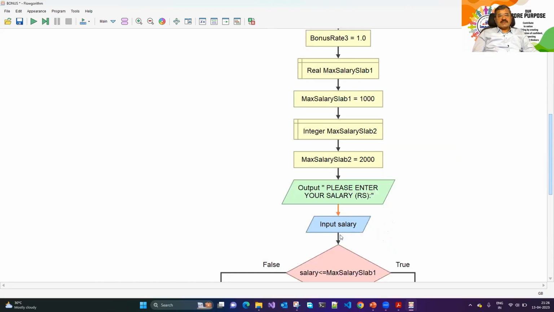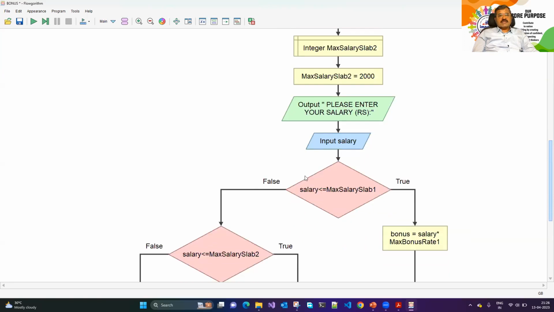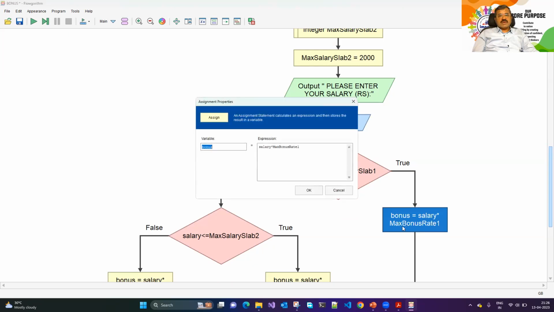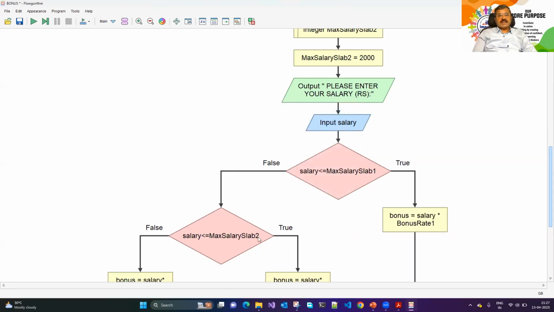Enter your salary in rupees, okay. Other salary is less than equal to max salary slab 1. If that is true, you calculate it at the rate 1. Spaces, I don't understand. Follow good practices between the operator and this, add a space.